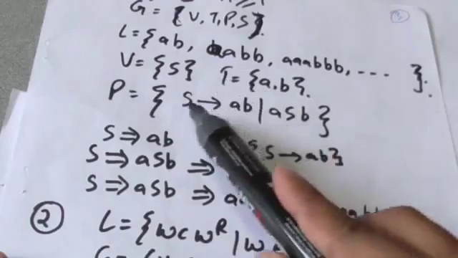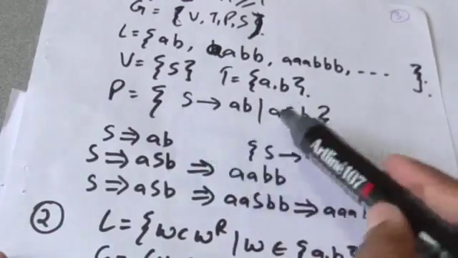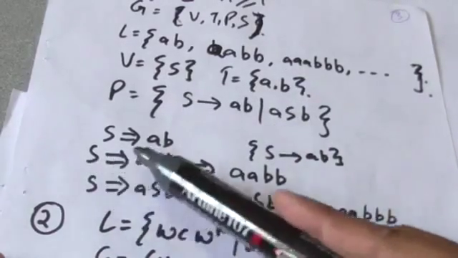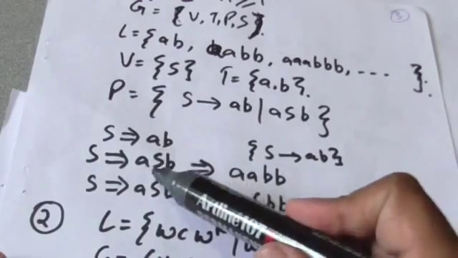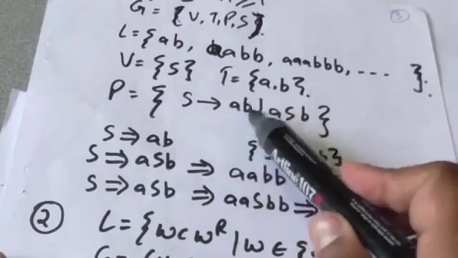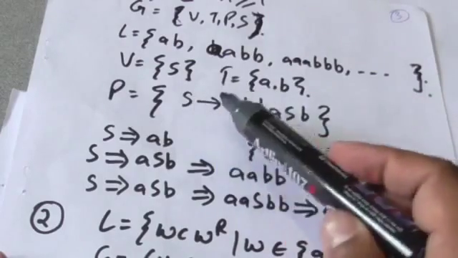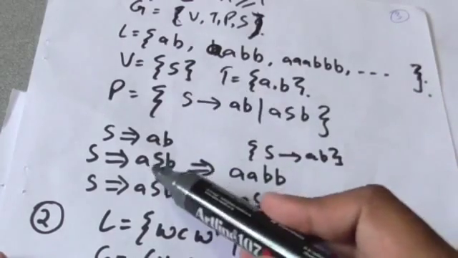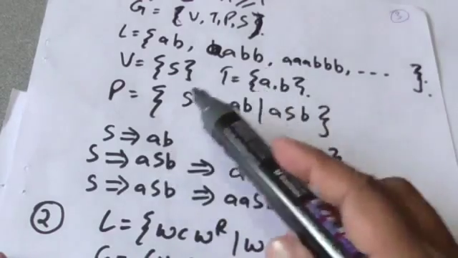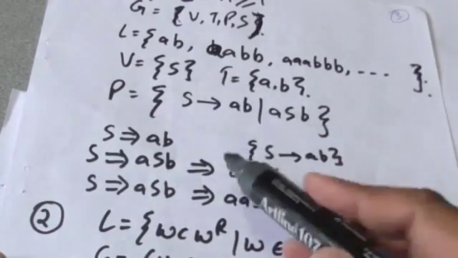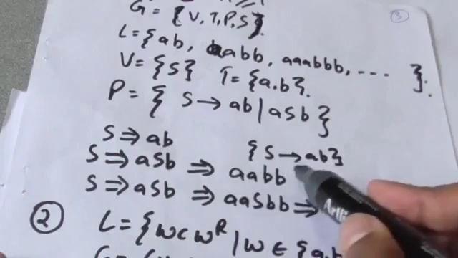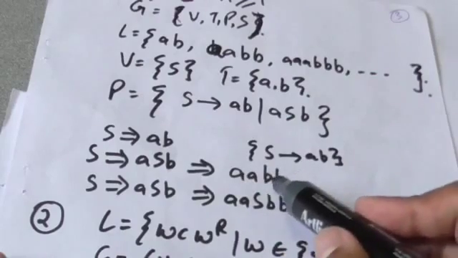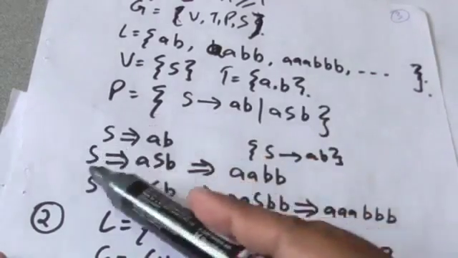So here we have applied this production S derives aSb. So we have replaced S by aSb. Now this S is replaced by AB because there is a production S derives AB. So when we applied this production, what we get? AABB. So this string has been derived from start symbol S, right?